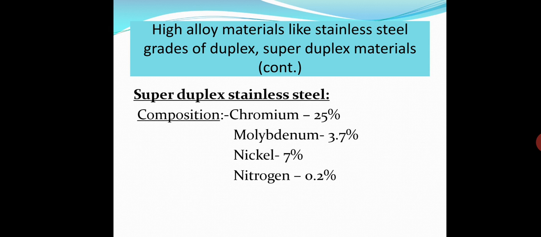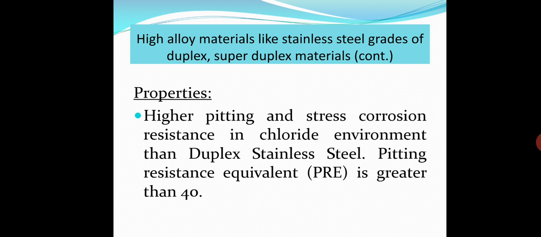Another high alloy steel material is super duplex stainless steel. The composition is chromium 25%, molybdenum 3.7%, nickel 7%, nitrogen 0.2%, and the rest is iron. Depending on the composition, the percentage of alloying elements, this material is divided into duplex stainless steel and super duplex stainless steel.